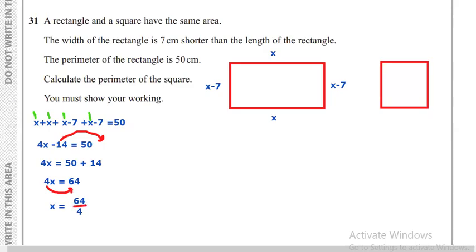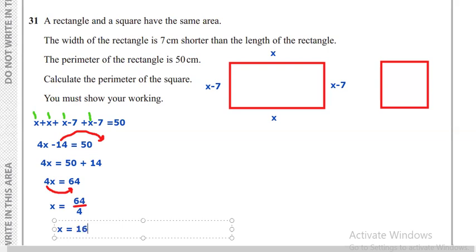Now, you can calculate this with a calculator, and you'll end up with the value of x. So, 64 divided by 4 will equal what? And the answer is very good. It's 16. The answer is 16.